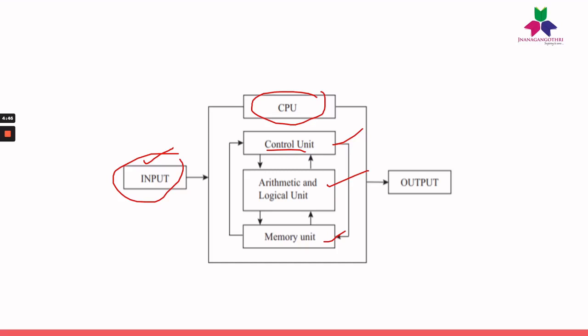The second one is the arithmetic and logical unit, which performs either arithmetic or logical operations on the data. The third is the memory unit, where the data is stored. The stored data is again displayed to the user through any of the available output devices, which forms the output. Let's take a simple example of a classical calculator.